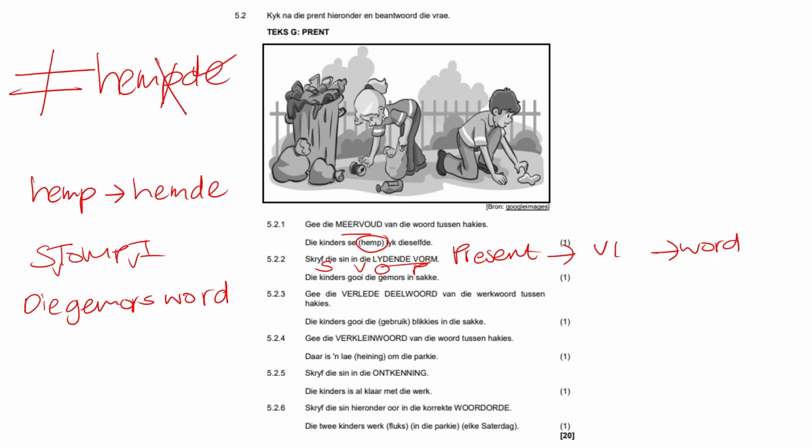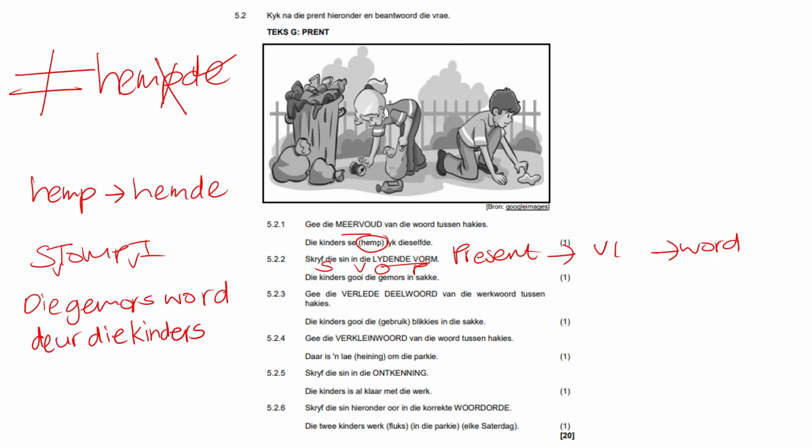And once you've done that, now you add deur, the subject. So deur always comes with the subject. It doesn't come with your word and your is and your sal. It's always deur die subject. So, die gemors word always deur die subject. What is our subject? So, deur die kinders.